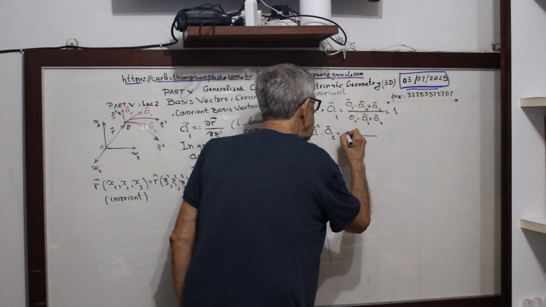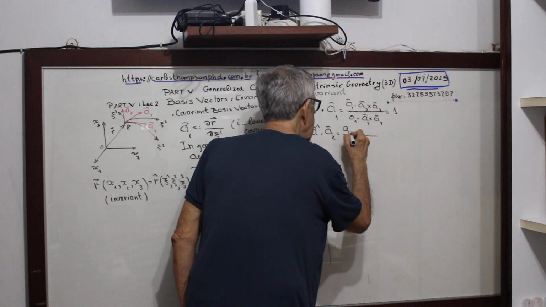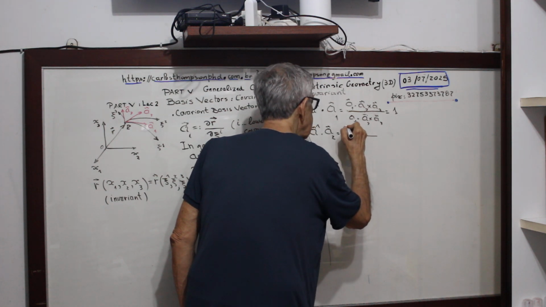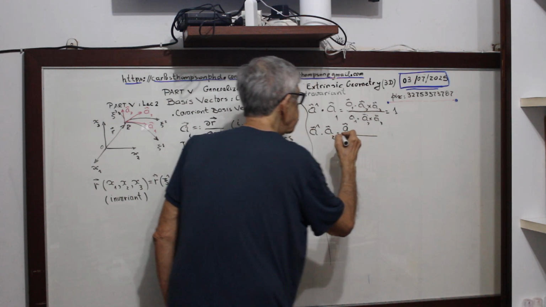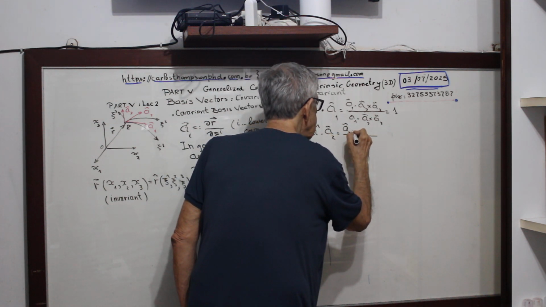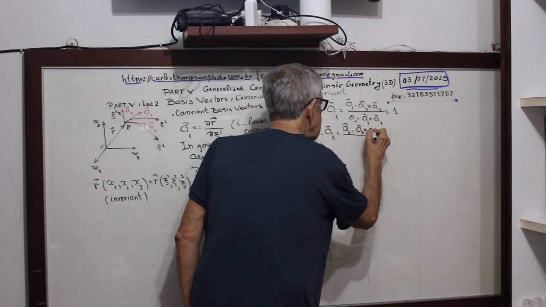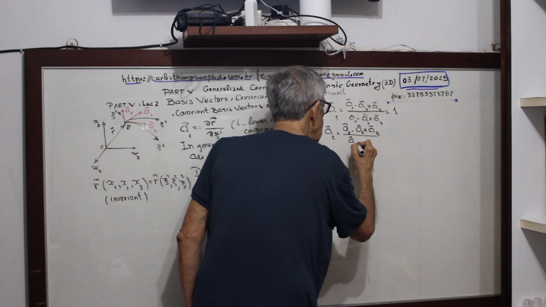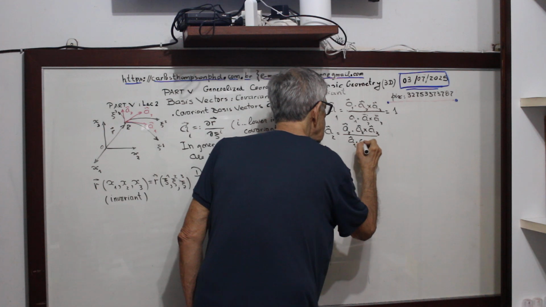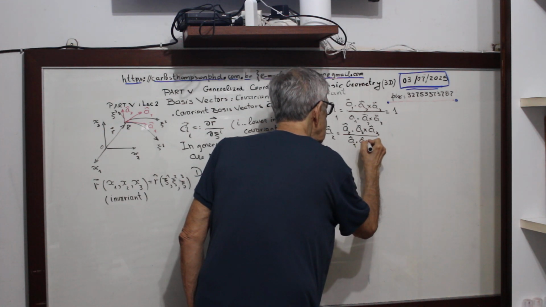I'll write here, so this will be A2, in this case, dot A2 cross A3 divided by A1 dot A2 A3.